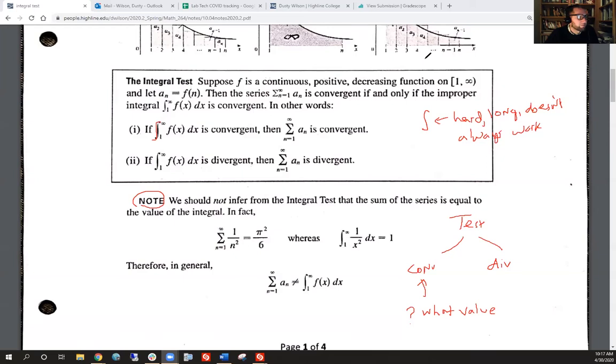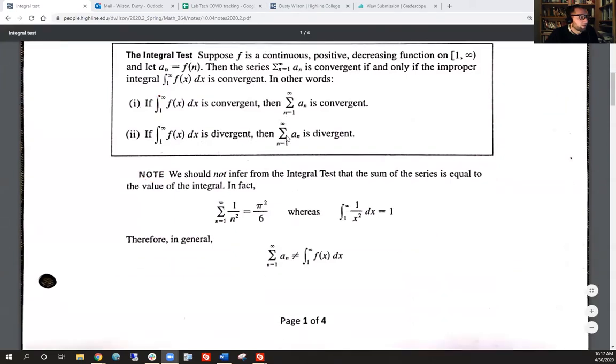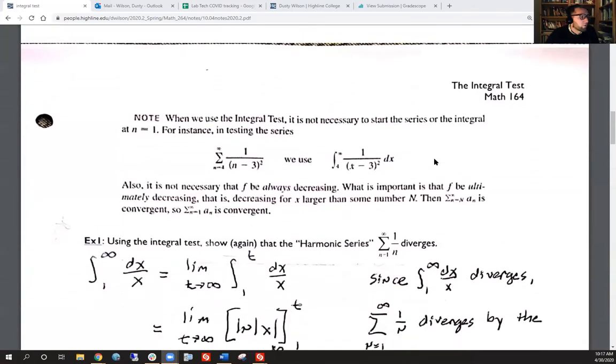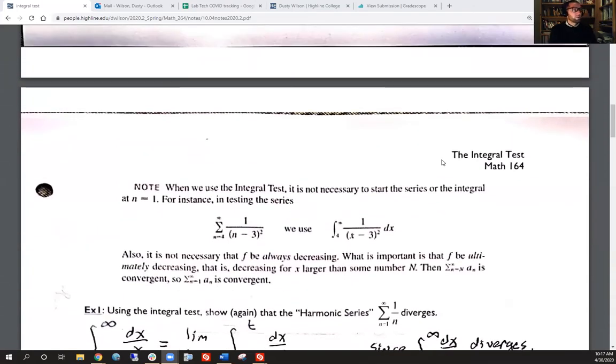Very good. All right. So this next note is not hard, but is important. When we use the integral test, it's not necessary to start the series or the integral at n equals 1.